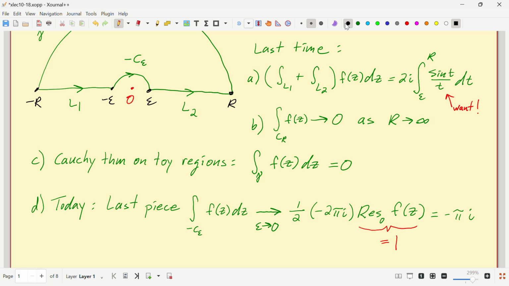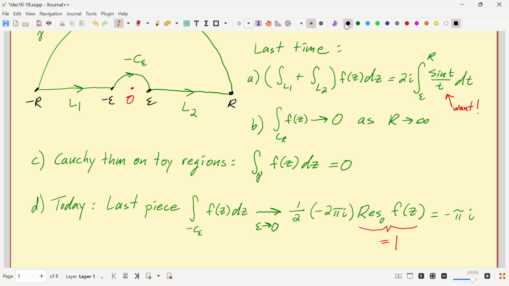That's if it went all the way around. But it's going halfway around. And it turns out that as I let epsilon go to 0, that spits out half the residue theorem value for going all the way around. So that's why that 1/2 is in front. So it's 1/2 times minus 2 pi i times the residue. That residue is 1, so that turns out to be minus pi i in the limit.